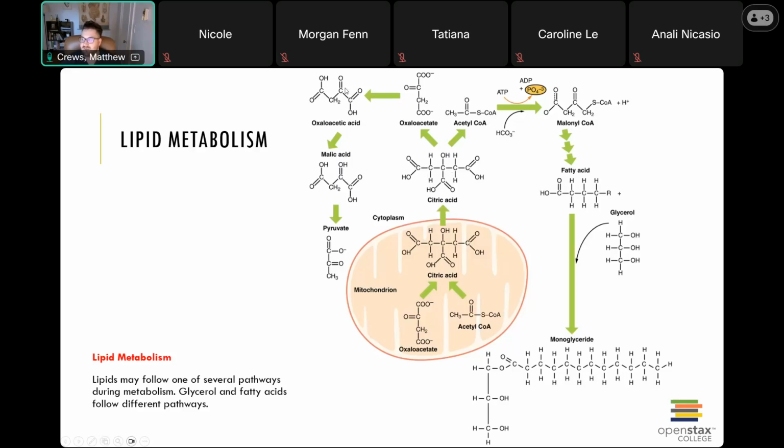If we find that we don't have enough oxaloacetate to continue one of our metabolic processes, we can take fatty acids and flip them back into oxaloacetates. There are mechanisms in place so that all of this stuff can be converted to something else.